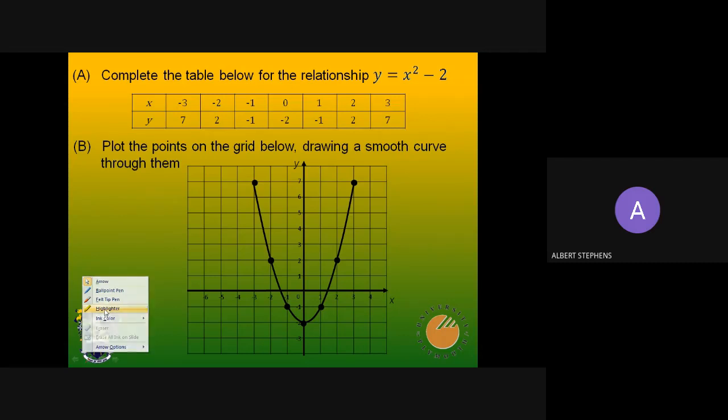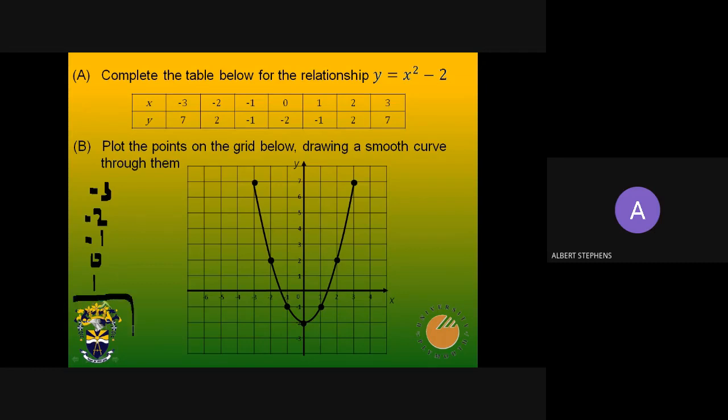It's pretty simple. A mapping diagram is where you put all the x values in one column. So let me see if I can draw it here. We have -3, -2, -1, 0, 1. Oh dear, this thing is in the way.